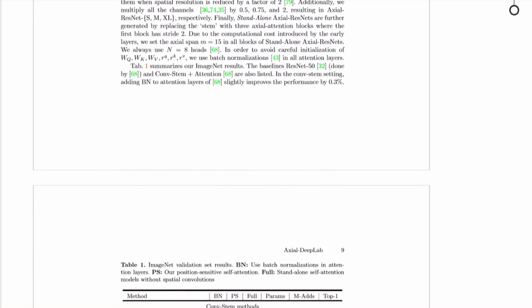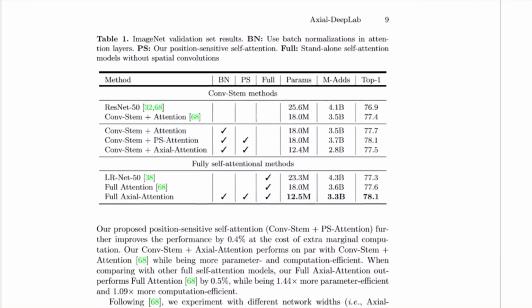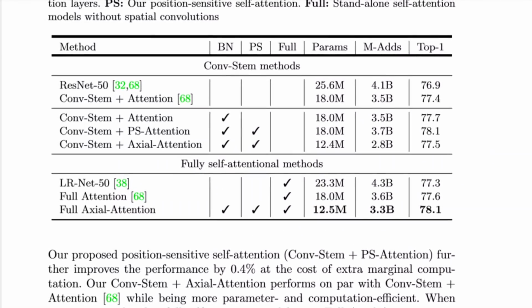So that's it. You have these positional embeddings, you have the axial attention, and it turns out that on ImageNet, they perform fairly well. So you can see that models like a ResNet 50 model will get a 76.9 on ImageNet, which is not state of the art, but it's also not bad, right?